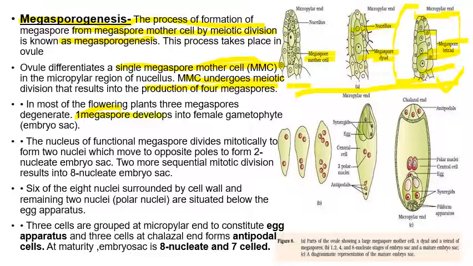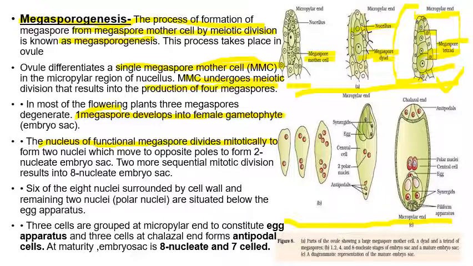Now the remaining megaspore develops as the female gametophyte. The development of the gametophyte is given here. You can see the nucleus of that functional megaspore divides again mitotically.